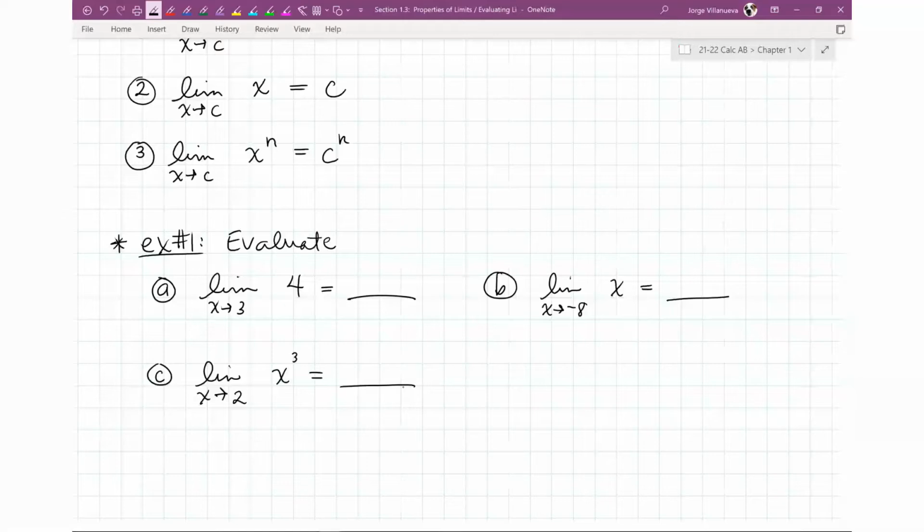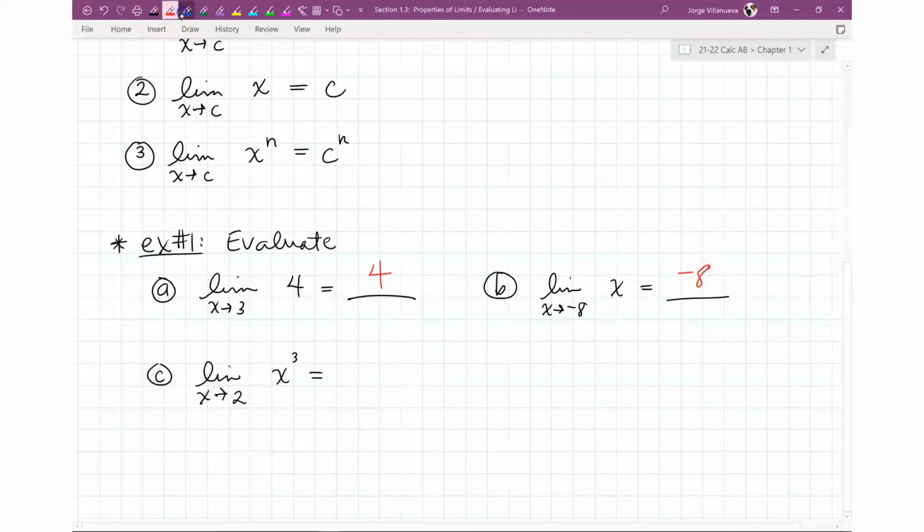So can anybody give me a part A? 4, right? Because that's just a limit of a constant is a constant, right? So there you go. That's just going to be 4. What about part B? All right, -8. And part C, that would be 8, because that's going to be 2 to the third, right?